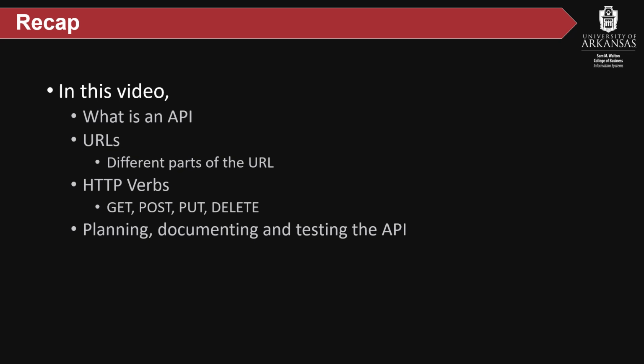These verbs align with the common CRUD, create, read, update, and delete operations that we're most familiar with when we're developing applications. And finally, we gave a bit of overview on the importance of planning an API, documenting the API, and getting ready to test an API. In a future video, we'll show a bit more about implementation of the API and also how to go about testing your API.